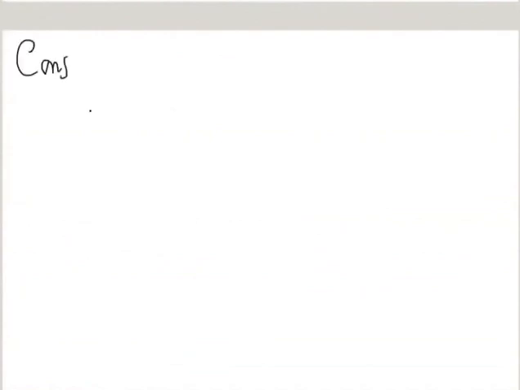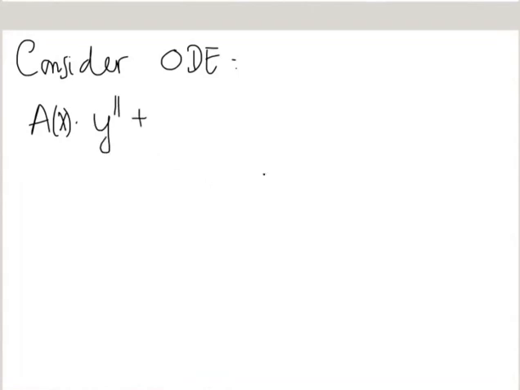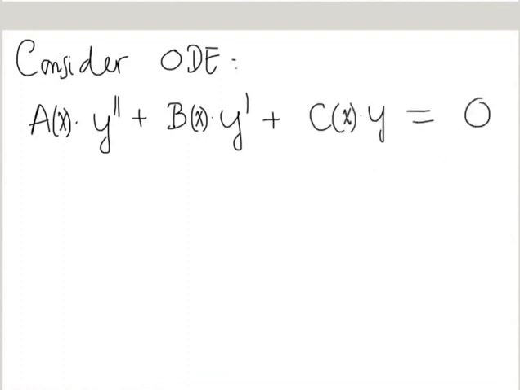So consider the second order ODE, a(x) y double prime plus b(x) times y prime plus c(x) times y equals 0. Then here is the theoretical fact that we will need.